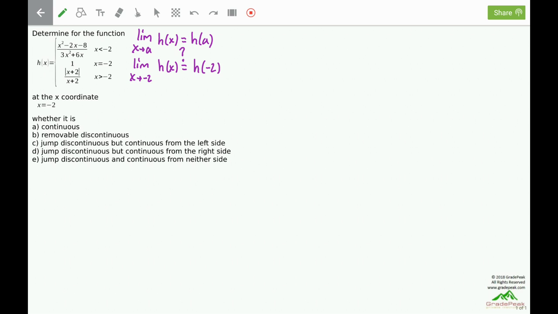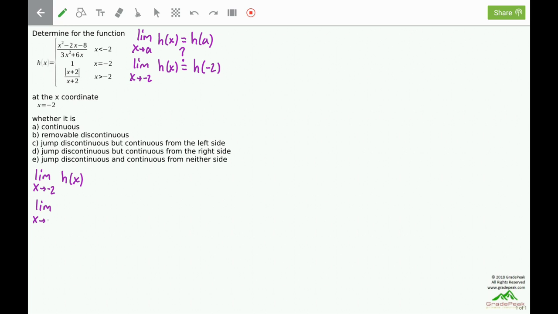The first thing to determine here is the limit as x approaches negative 2 from both sides of h of x. H of x here is a split expression function, and it's splitting right at the x-coordinate of negative 2. And that means to work out the two-sided limit, we have to work out the two one-sided limits separately.